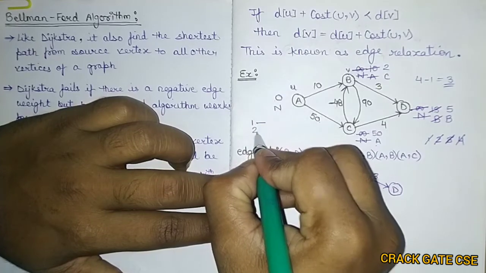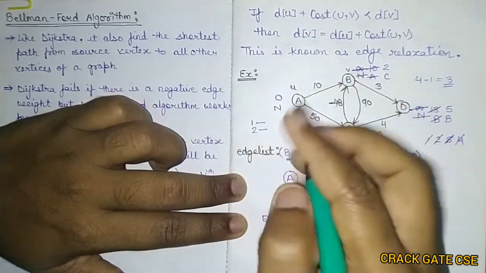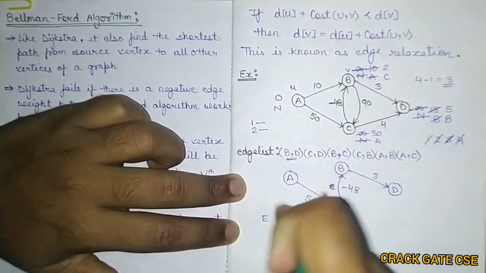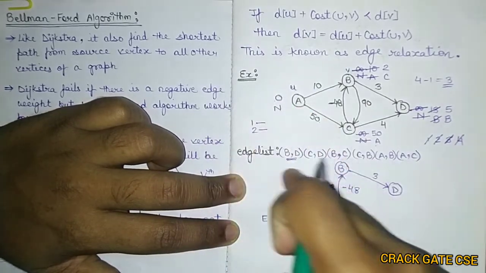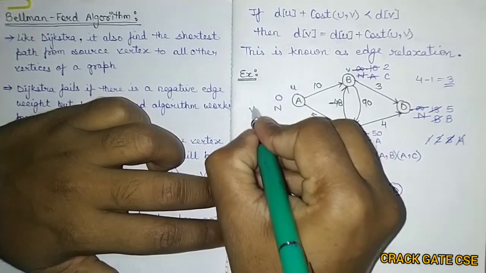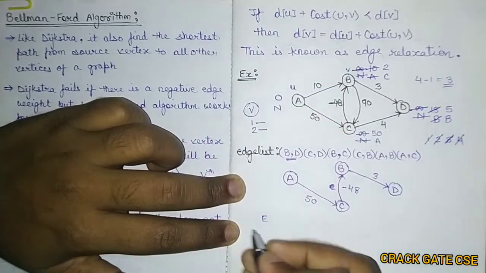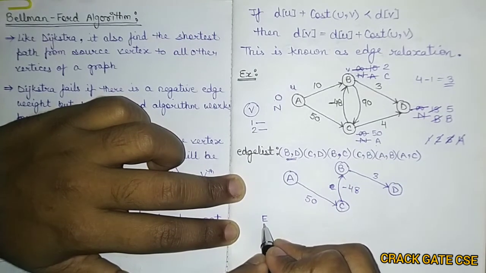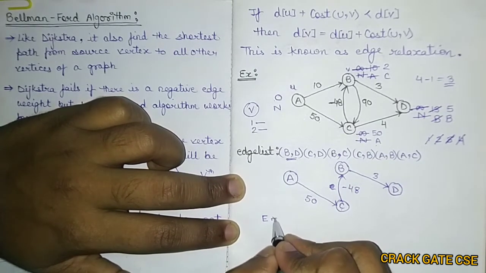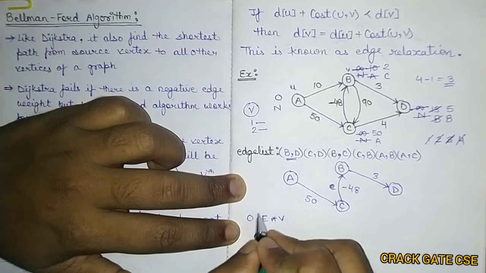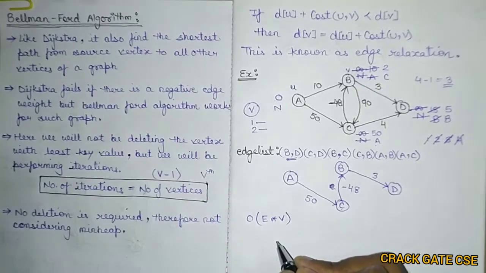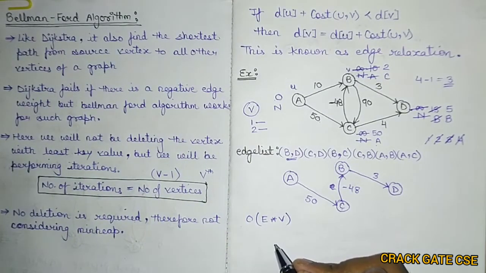Similarly, for the second iteration we are performing it for all these edges. So we have to perform the relaxation for all these edges V times, because there are V vertices. So this E for the relaxation multiplied by V will be the time complexity of this particular algorithm.